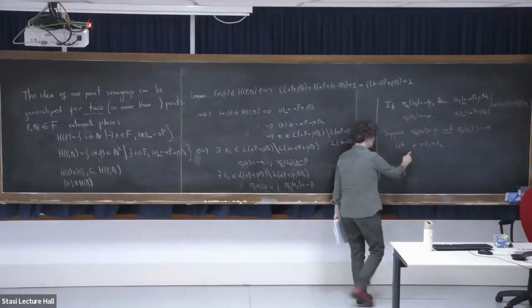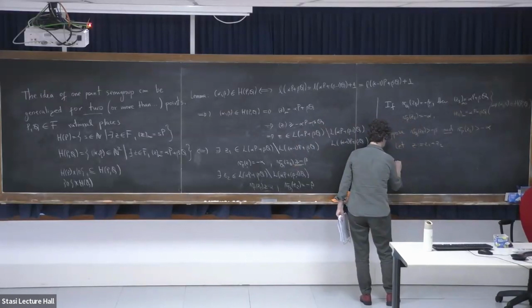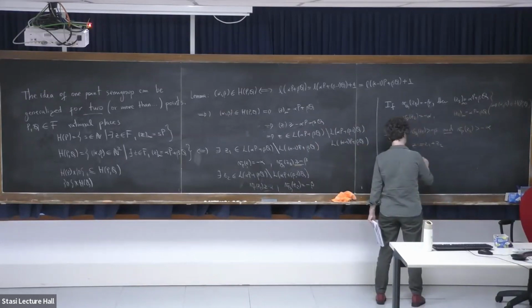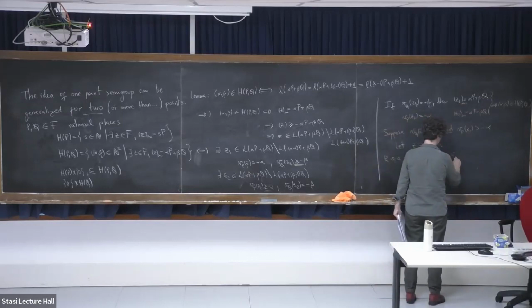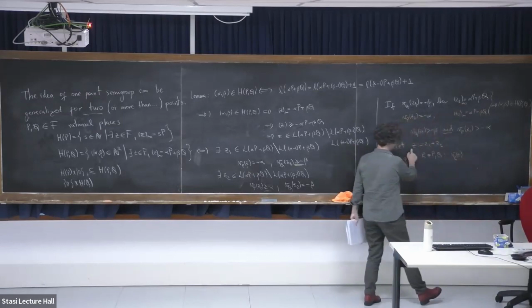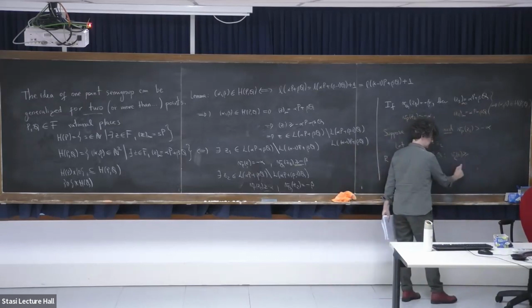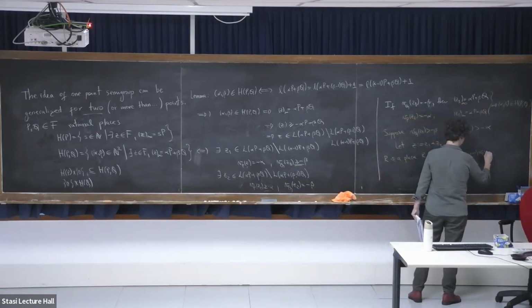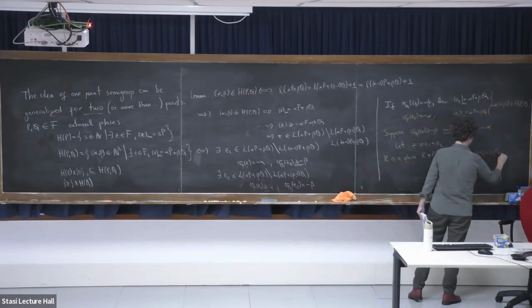So at first we notice that if R is a place and R is not P and Q, what is going to be the evaluation of R at zeta? Well, this is larger than the minimum of the evaluation of R at zeta 1 and zeta 2.